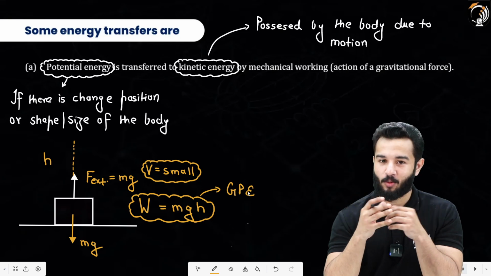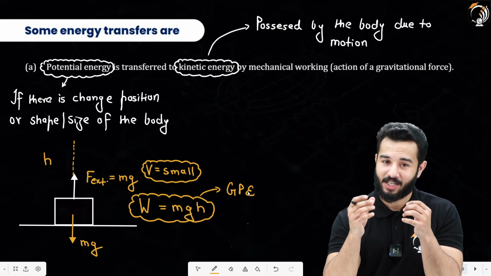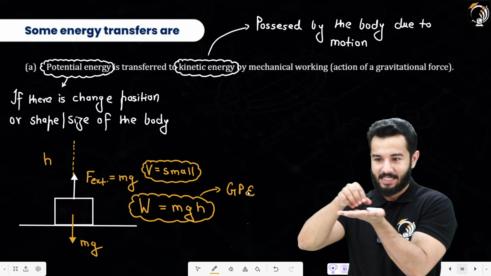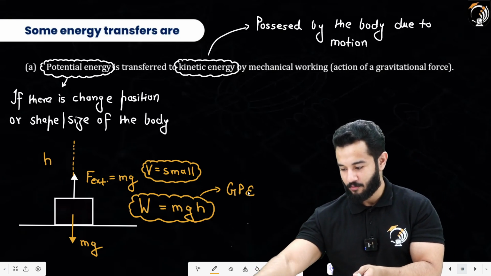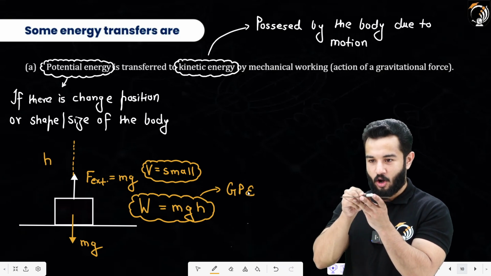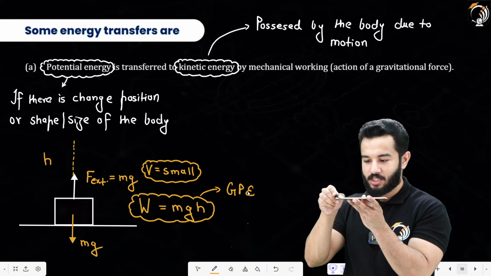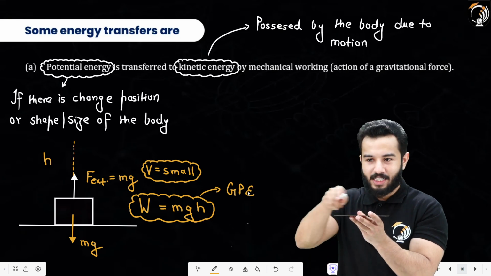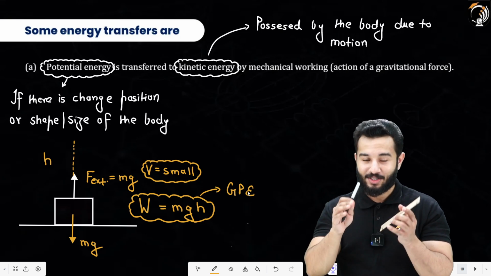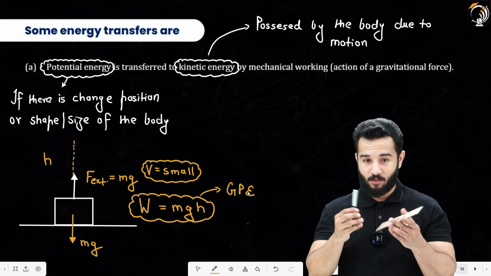We can't talk about potential energy in every case. Like if you are going to move an object, let's suppose that we have got a surface over here, and we are moving an object along the surface. And if I just leave that over here, the object is not going to move in a forward or backward direction, because right now we are talking about friction force.